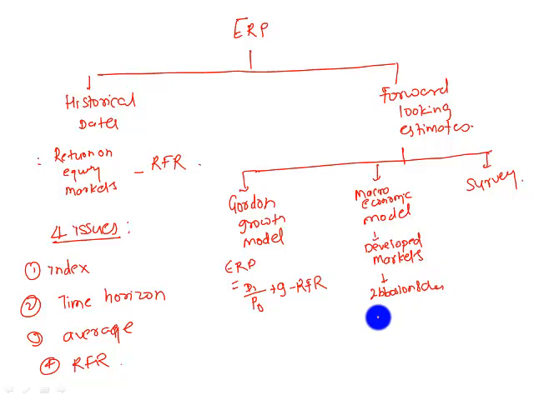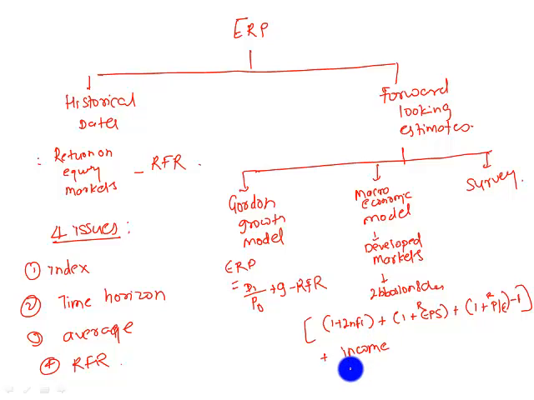So what is the model given? 1 plus inflation plus 1 plus increase in real EPS plus 1 plus increase in PE ratio minus 1 plus income, which typically comes from the dividend, minus RFR.